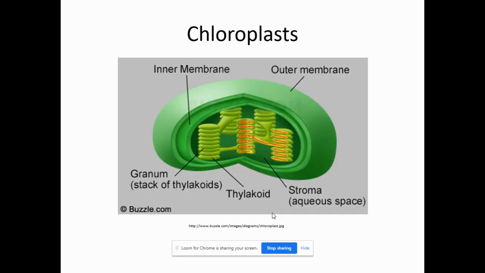Okay, there you go. So the chloroplasts have an outer membrane, inner membrane, just like the mitochondria, remember? And then you have the thylakoid membranes made up of individual thylakoids, and then the fluid that's flowing between the thylakoid membranes, the stroma.